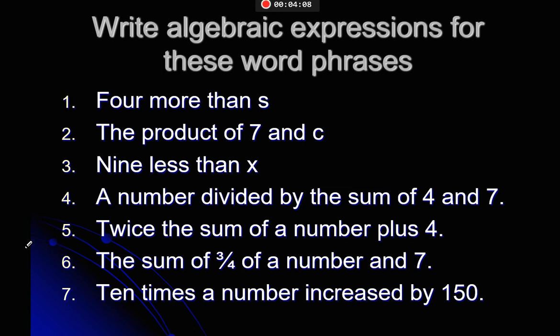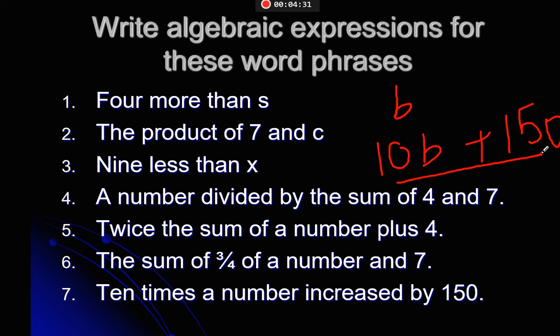Now the next one. 10 times a number. Let us consider any number, let's say b. 10 times a number is 10b, which is increased by 150. So we are going to add 150 to this 10b. Clear?